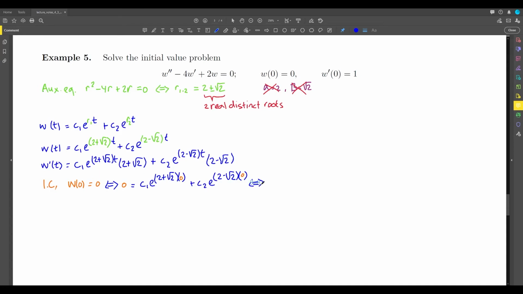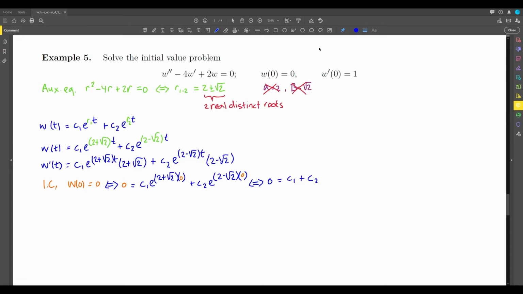And after simplifying, we get that 0 equals c1 plus c2. Again, this whole exponent is 0, e to the power 0 is 1, so we are left with c2, and here we're left with c1.